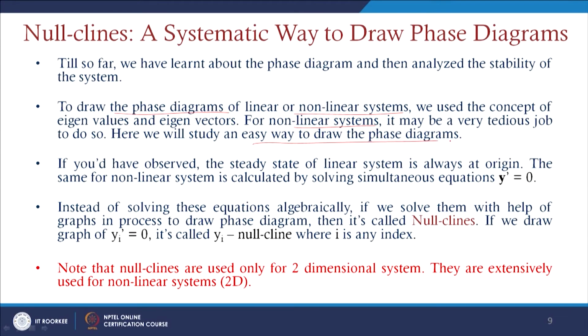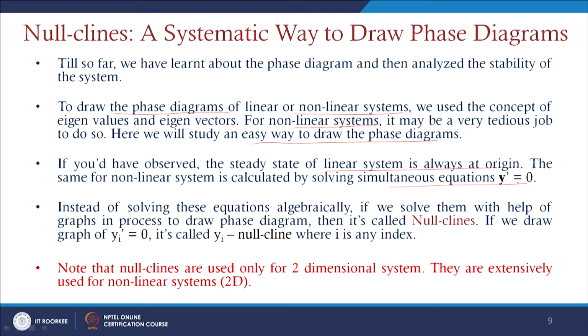And here we will study an easy way to draw the phase diagrams for nonlinear systems. As you would have observed, the steady state of a linear system always occurs at the origin, and similarly for a nonlinear system it can be calculated by setting the first order differential equations equal to 0. Instead of solving these equations algebraically, if we solve them with the help of graphs, this is called null clines.